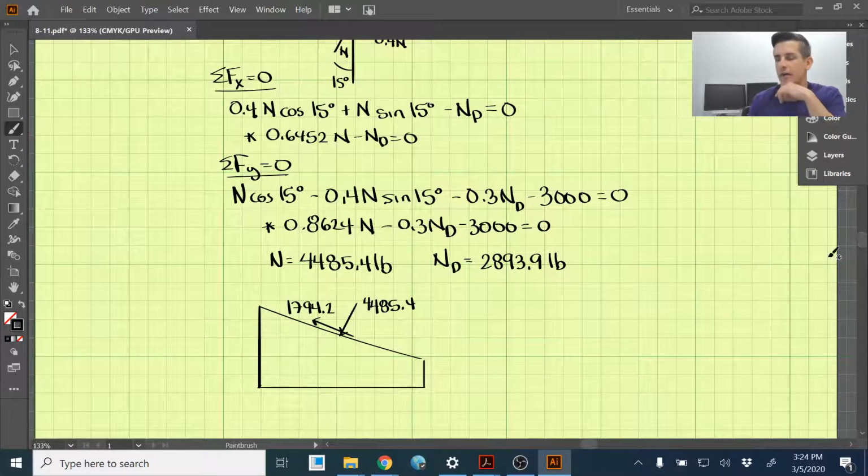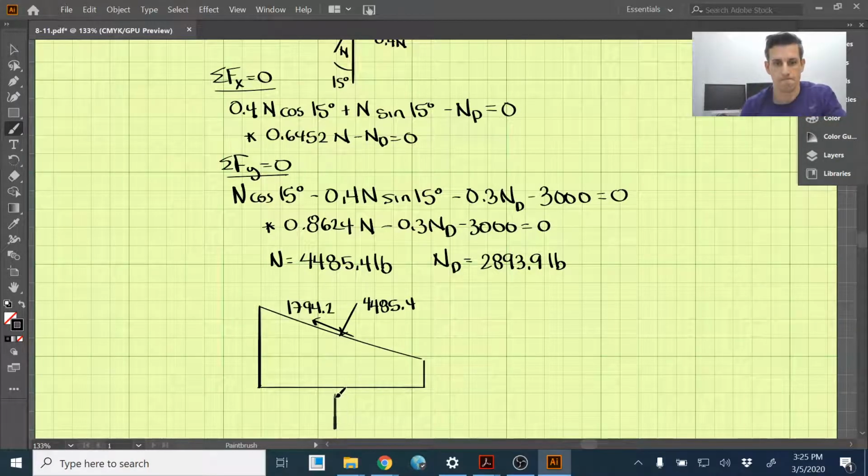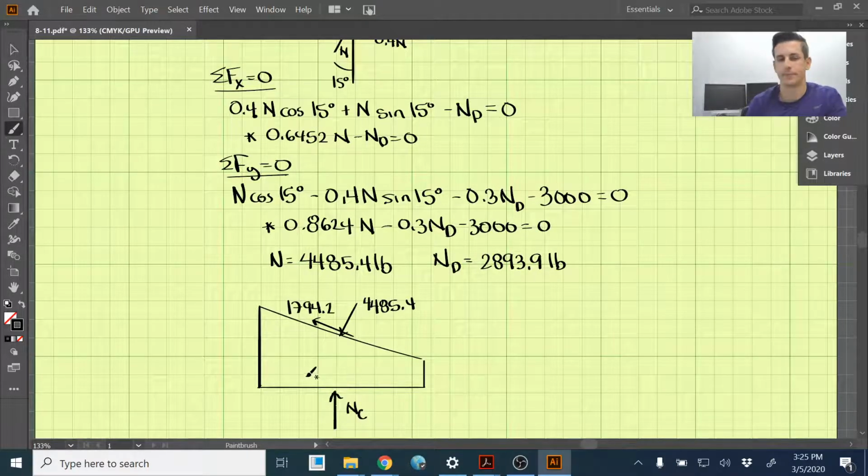And then we have our normal force down here, which we're going to call NC. And then we have our frictional force here, which is 0.3 times NC. And do we have any? Oh, we have our force P over here.